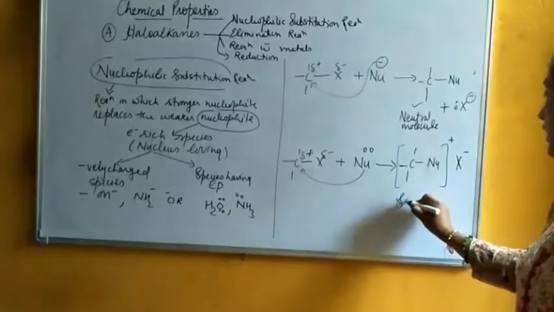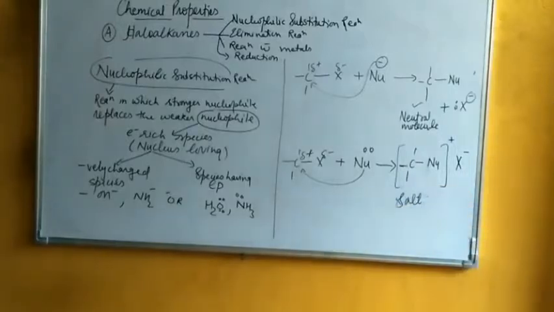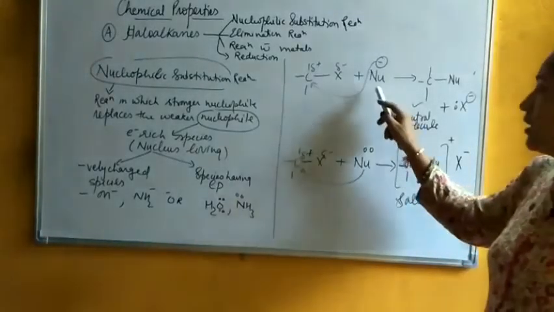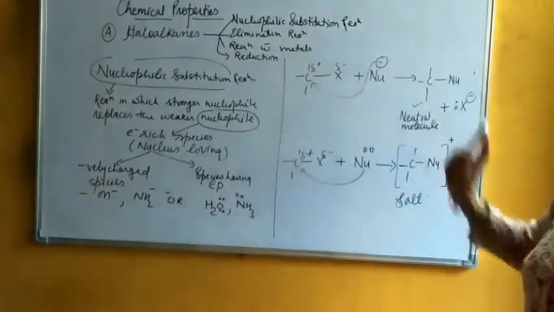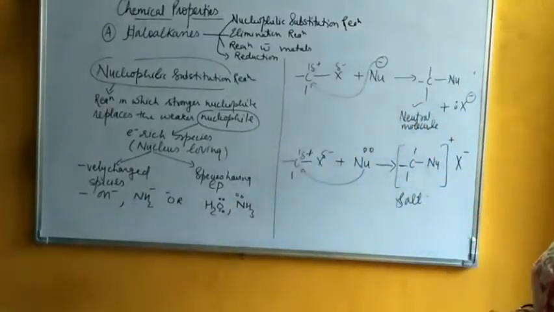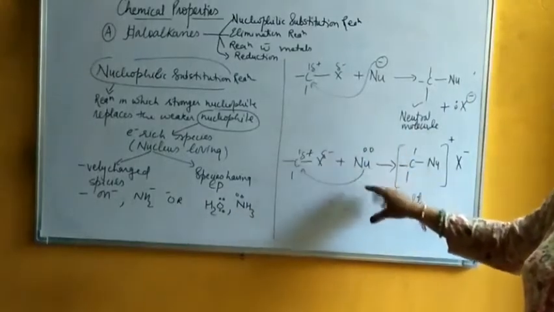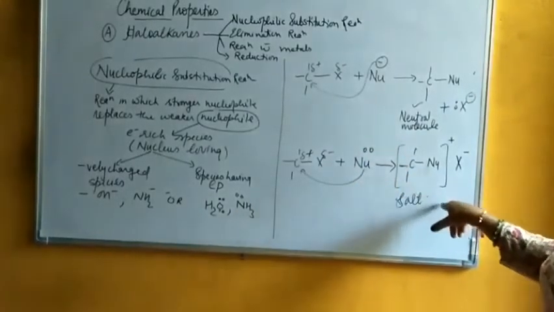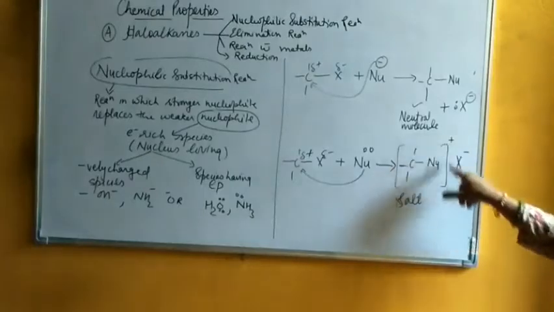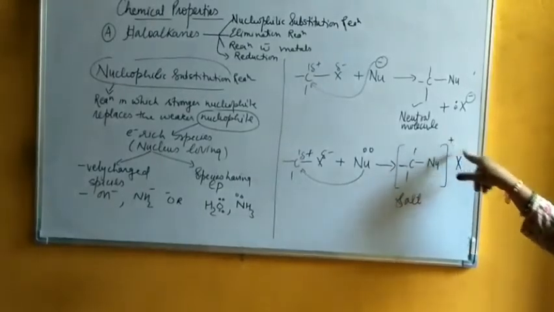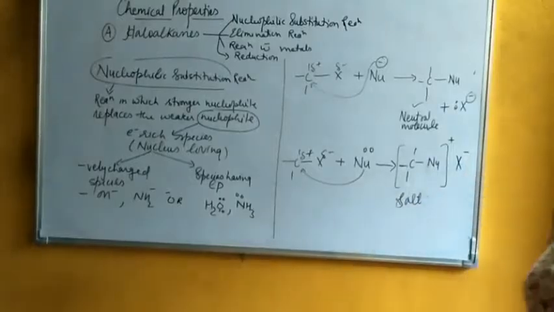Now here you can see that a salt will be formed. So here the nucleophilic substitution reaction is taking place. Where the nucleophile is negatively charged, a neutral molecule will be formed, and where it bears a lone pair, we get a salt formation. That means we will have a product with a positive as well as a negative charge on it.